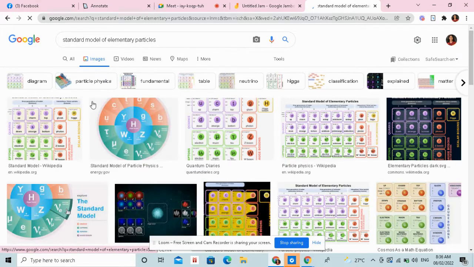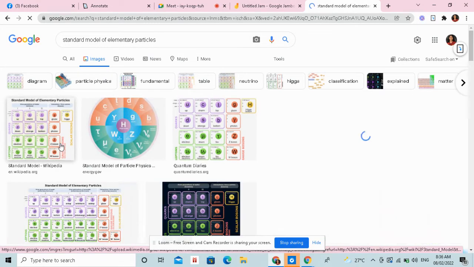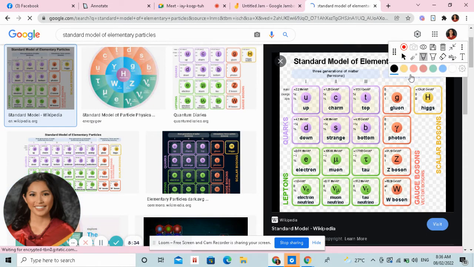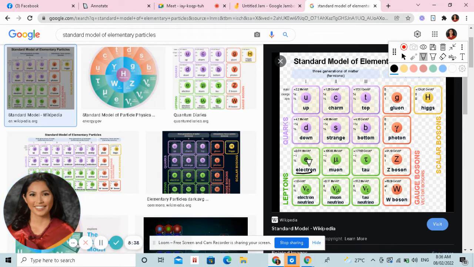As we can see here, we have the particles. We have the electron, we have quarks: up quark, down quark, charm, strange, top, bottom. Then we have the Higgs. Higgs is the newest of all.